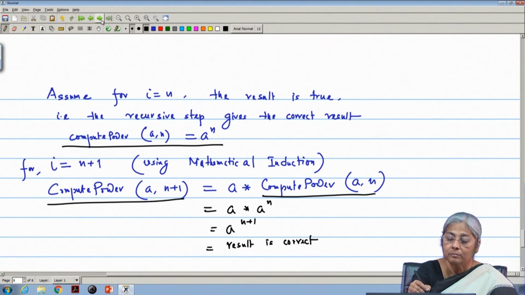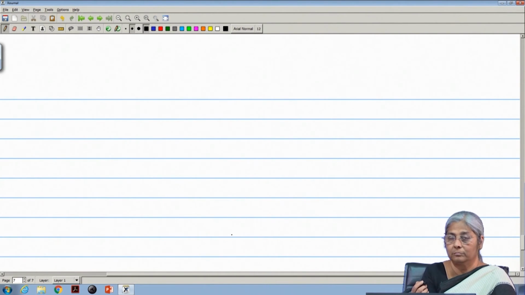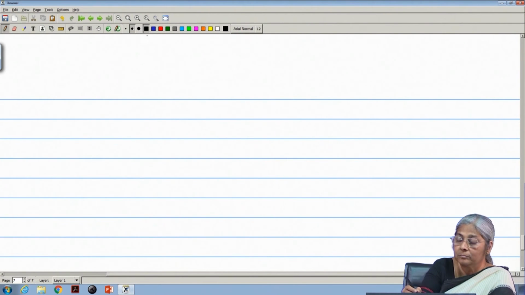Now, another very popular example is computing the greatest common divisor, the GCD, for which we can write a recursive algorithm.